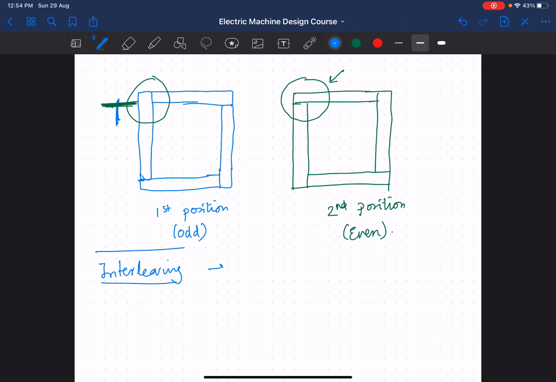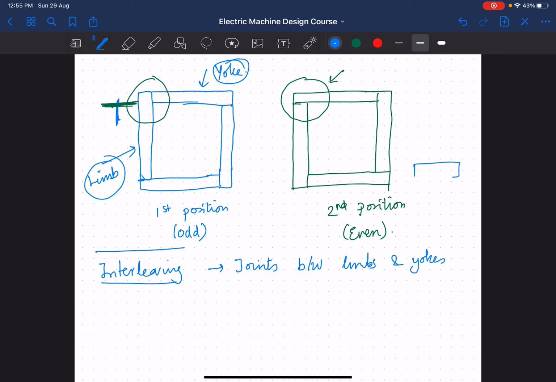So basically you have to make joints between the limbs and the yoke. As I told you last time, this is the limb of the transformer and this is the yoke of the transformer. So you have laminations one on top of the other like this. Then you have the other one over this, right? Then you have the next one over this. So this is known as interleaving.